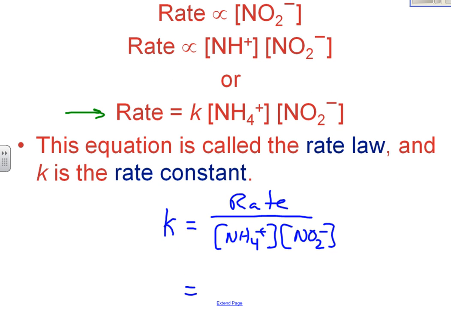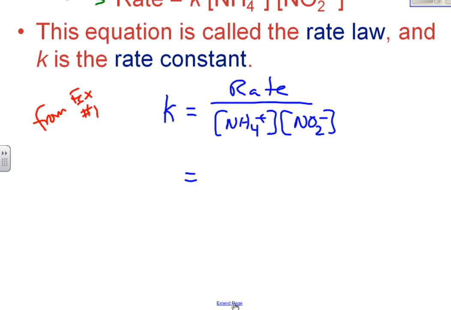So this is from experiment number 1. And we'll plug in the data. So we have a rate of 5.4 times 10 to the -7th molarity per second, so be careful of your units.